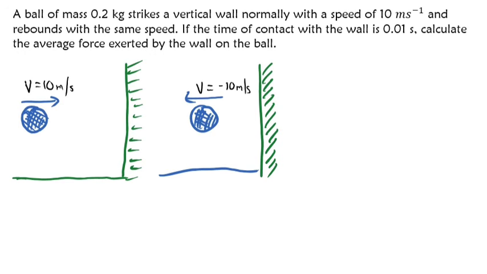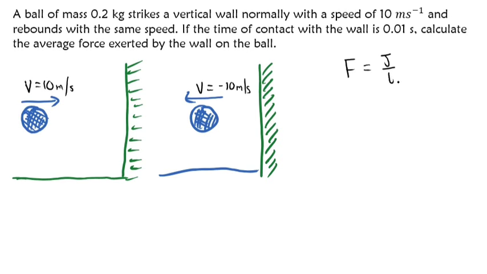So to break down this question, we're being asked to find the force exerted. So first of all, let's talk about impulse. We know that impulse is the change in momentum. So we can start with the fact that force is equal to impulse divided by time.